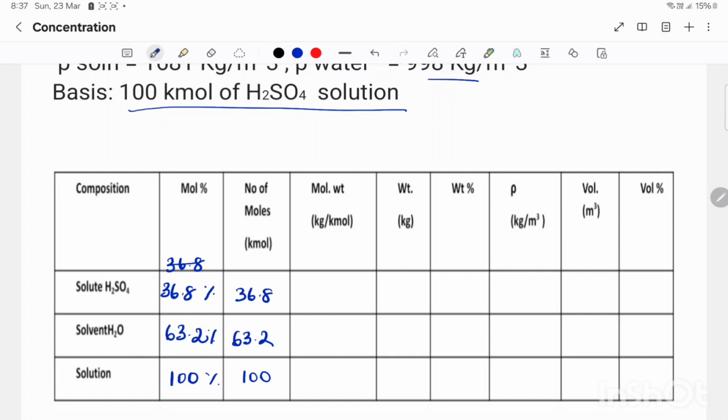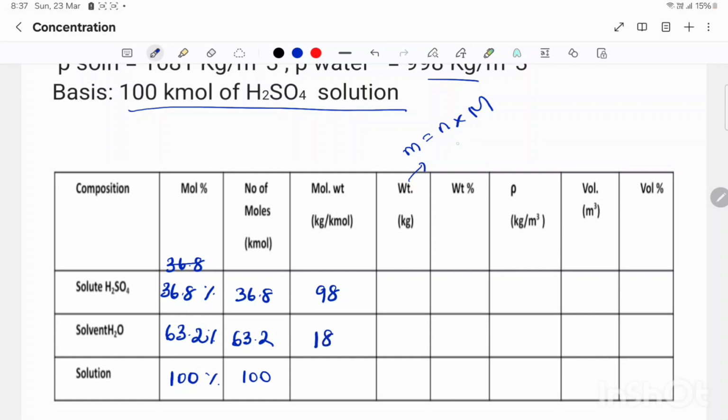Next, for calculating the weight, we know the formula: number of moles is equal to mass by molecular weight. Therefore, the mass or weight is equal to number of moles into molecular weight. The molecular weight of sulfuric acid is 98, and the molecular weight of water is 18.